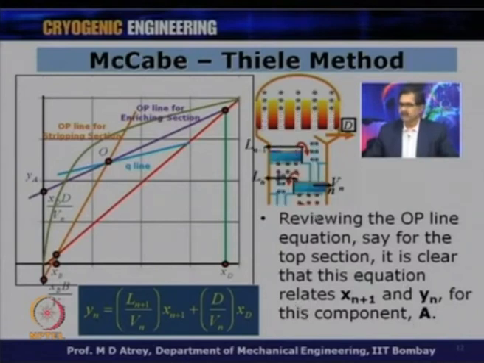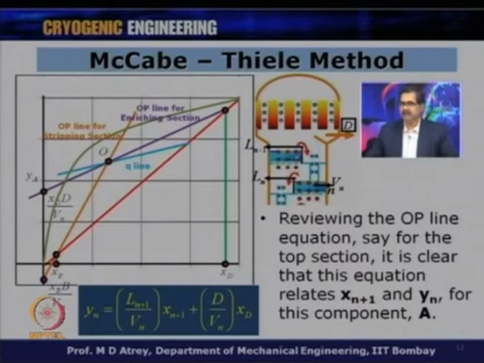Alright. So, let us see, this is the nth plate, and Yn into Vn is actually going to give you, or Yn is the mole fraction of a component which is leaving this plate, nth plate, in the vapor condition, while Xn plus 1 is the mole fraction of the liquid which is coming from the plate above this nth plate.